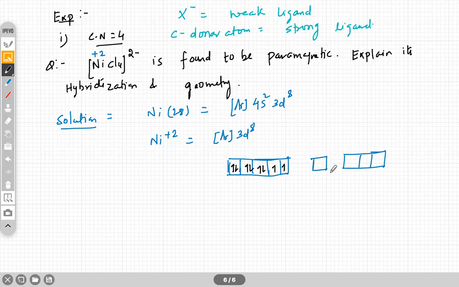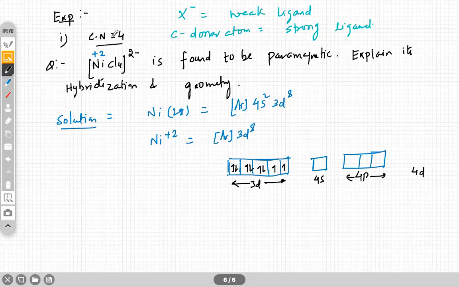And this is 4s, and this is 4p. And 4d is not required, because the coordination number is 4 only.